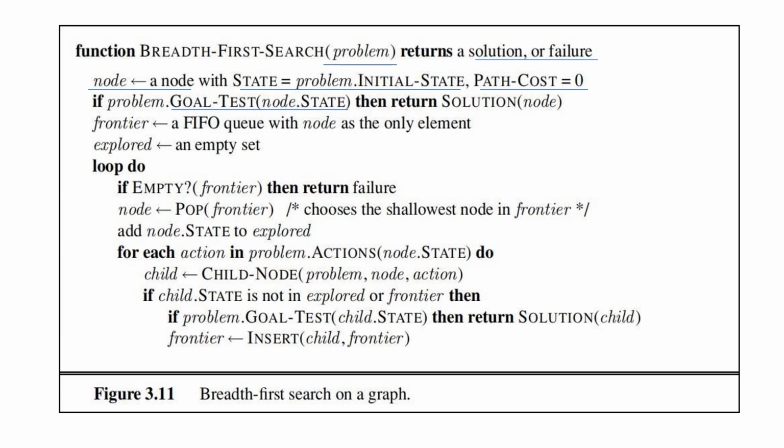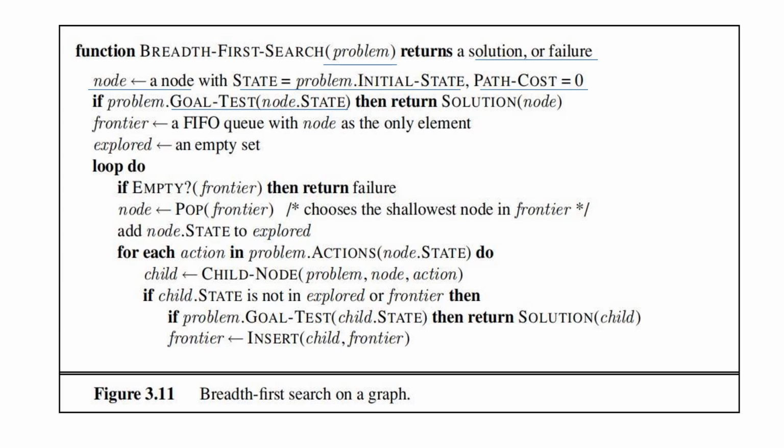And next we will see, if the child is not explored or in the frontier, then we consider it as a child. That means it is not explored earlier and not in the frontier, so we have to explore it.